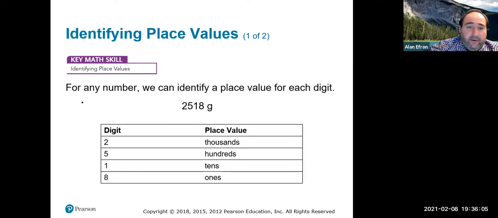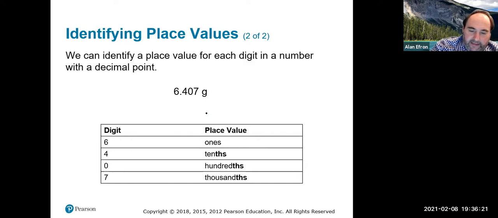Perhaps what we were talking about earlier, identifying where that estimated digit would be. Obviously, as you can see here, the 2 is the thousands place. We have our hundreds, tens, and ones place. When we get into our decimals, we have our tenths, hundredths, and thousandths place.